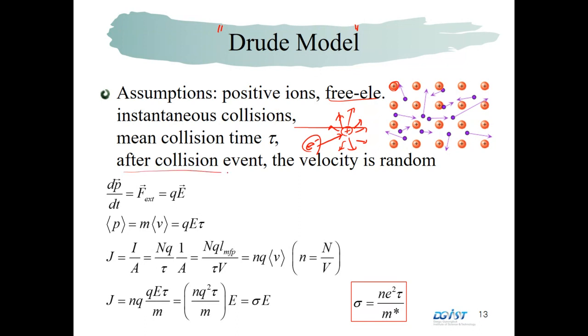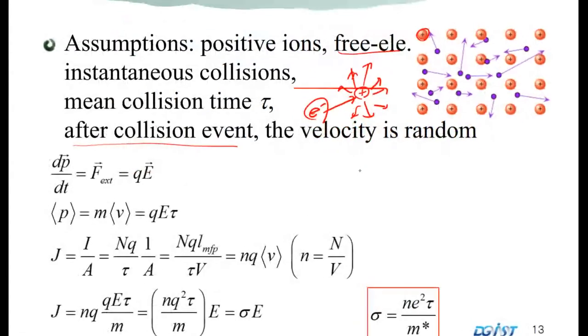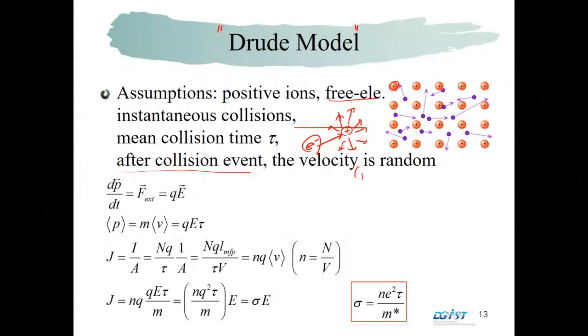After a collision event, the velocity, meaning the magnitude and the direction, is random. So let's think about the external field.